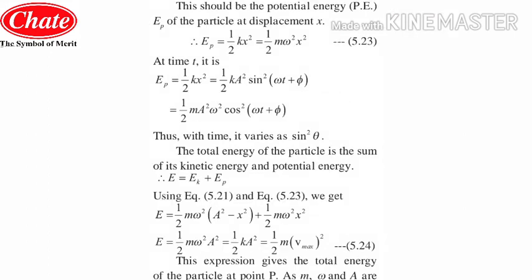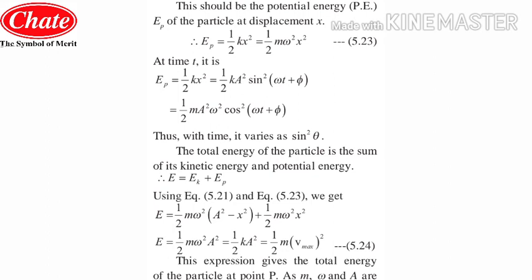Now students, this work done will be the potential energy. The potential energy EP of the particle at displacement x will be half kx square, which is equal to half m omega square into x square, as we have calculated the value of k above.